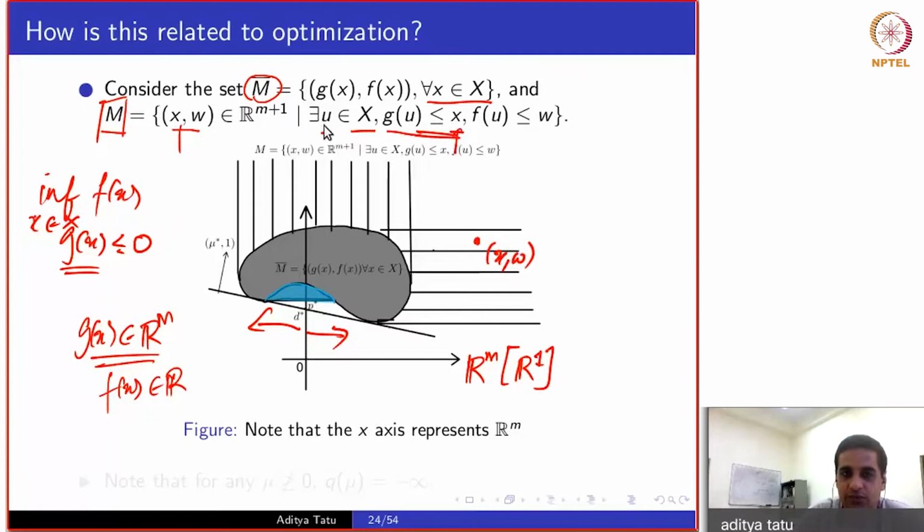Does there exist a u in X such that the value g(u) is strictly less than x? That means g(u) should be on the left-hand side of x. If I take this point, is there a point in my set X whose inequality functions have a value less than this x coordinate?